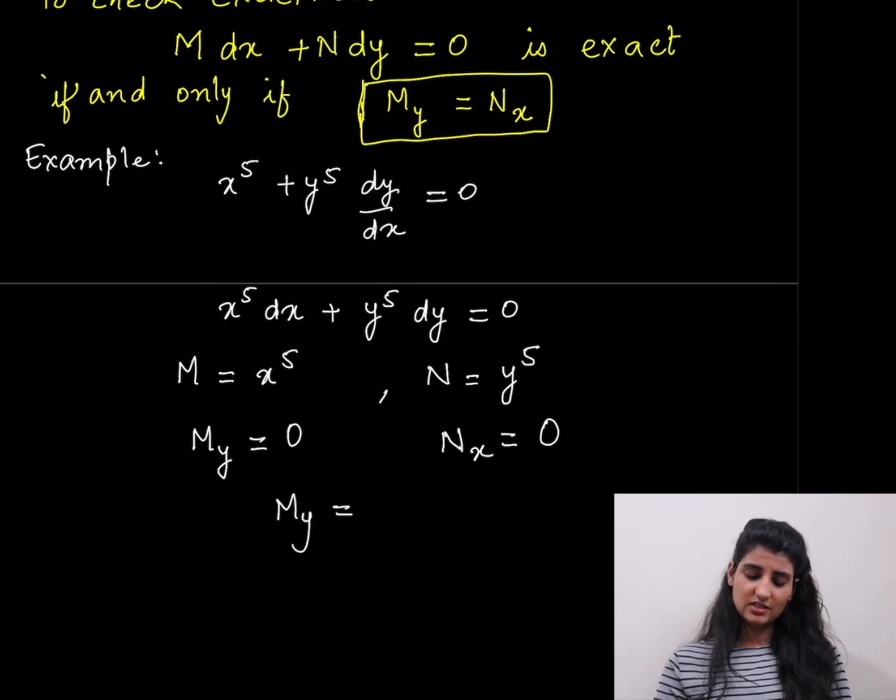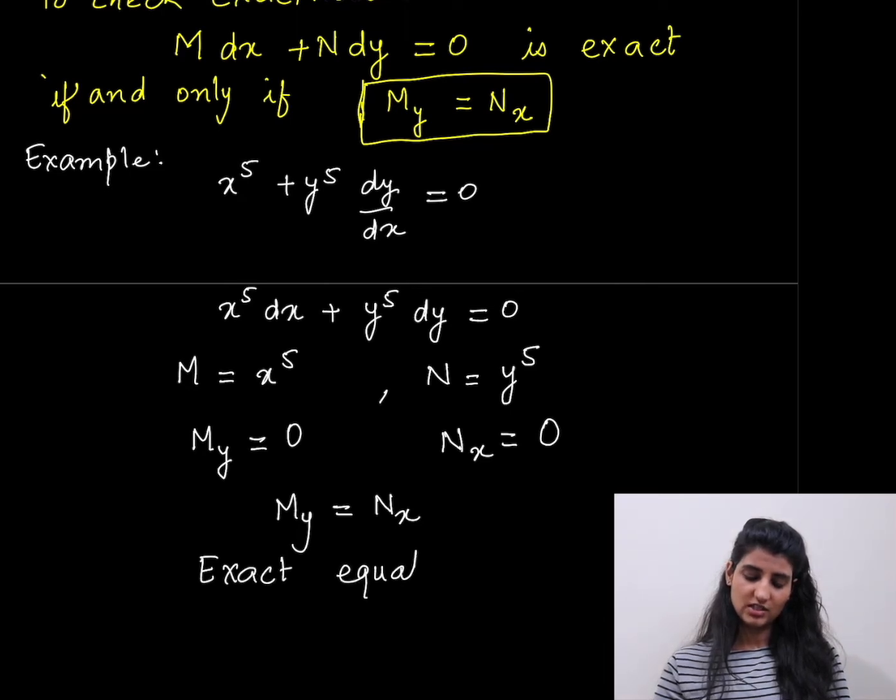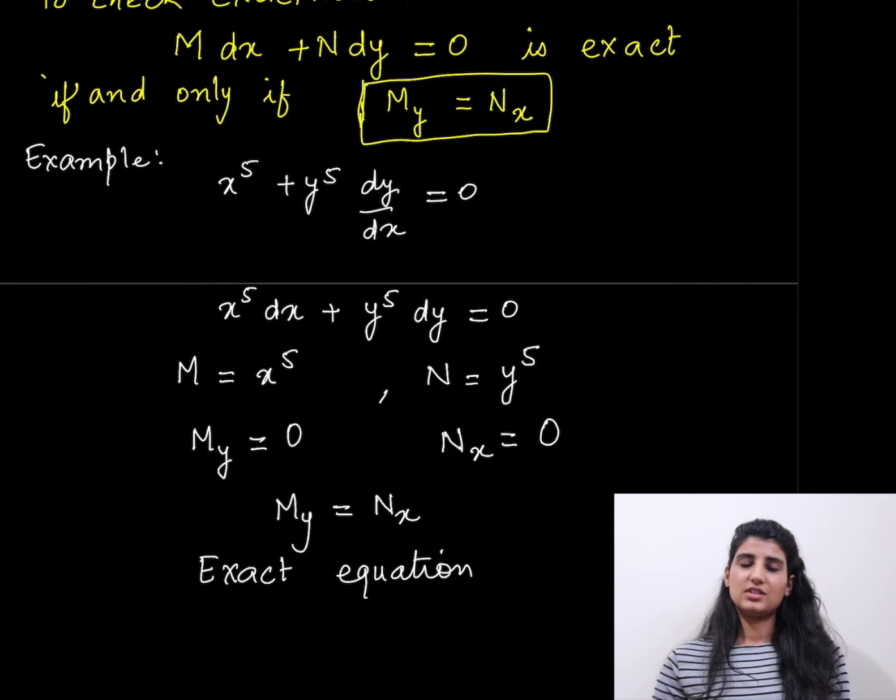It means this equation is exact, right? So the given equation is an exact equation. So this is going to be your step 1, to check if the equation is exact or not.